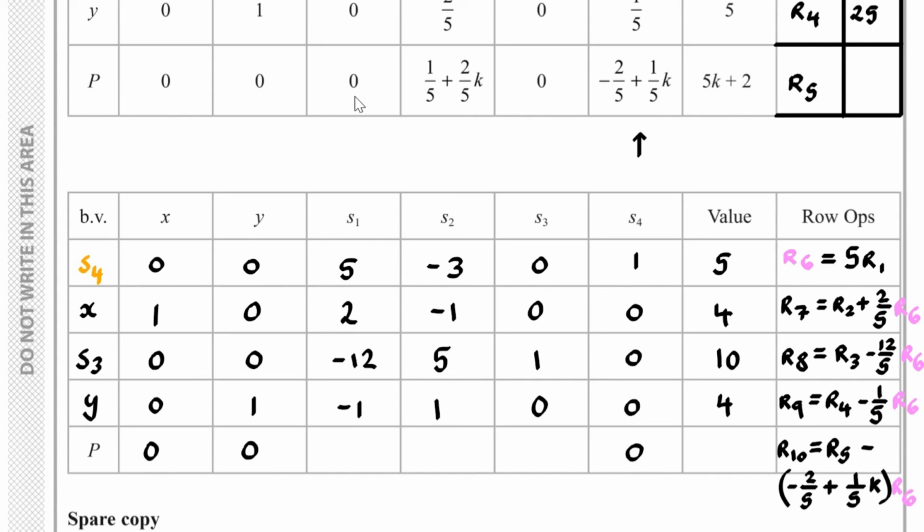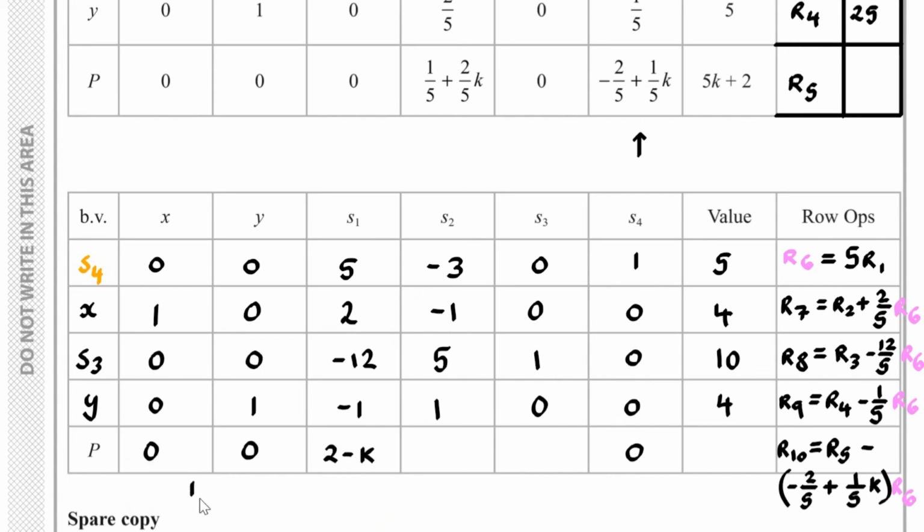Then we've got 0 subtract 5 times by minus 2/5 plus k over 5, and then I add on to that, well, if I work out this, what we will end up with is positive 2 subtract k. And it is really important you take the time to actually write out the calculations where necessary.